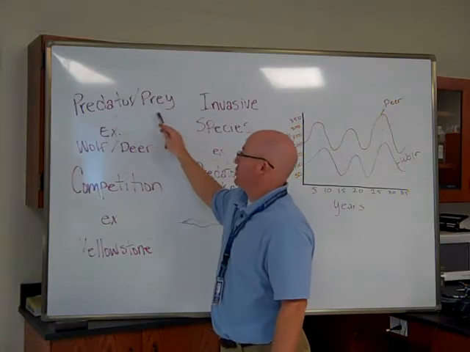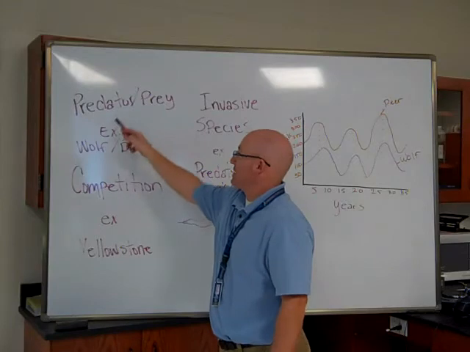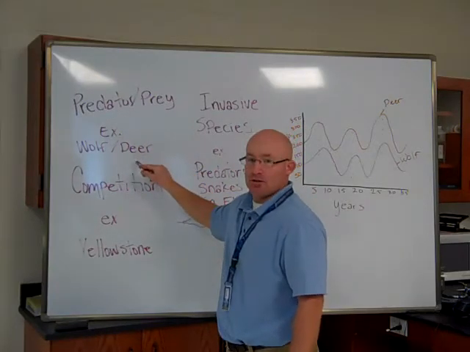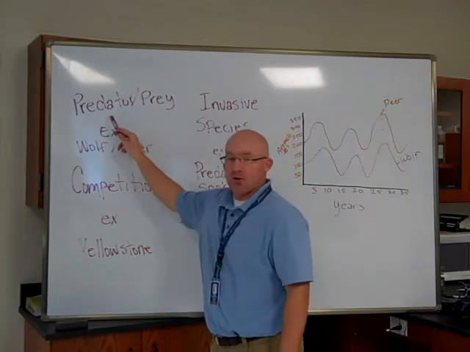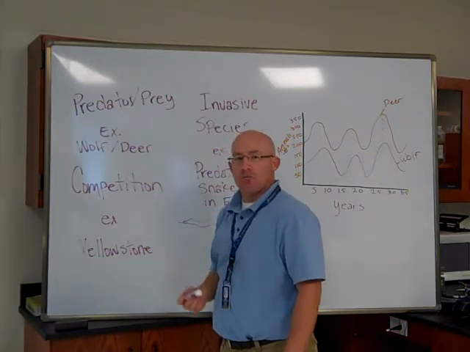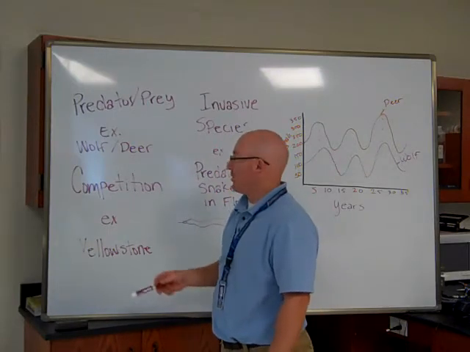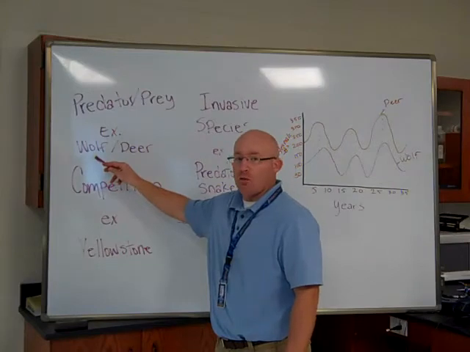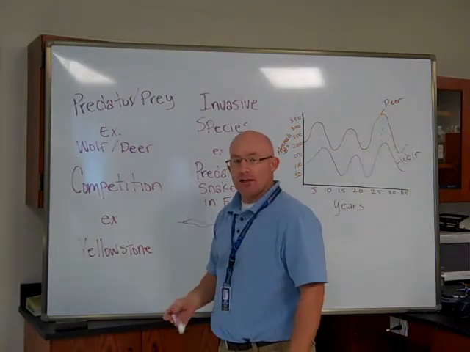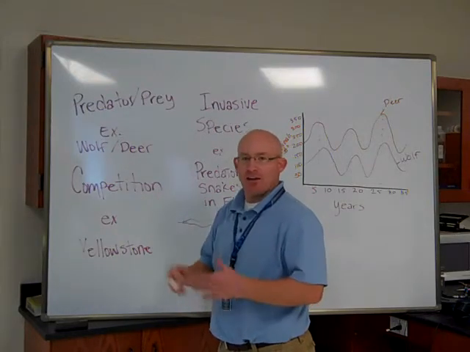Okay, a predator-prey relationship. The example I have down here, and these are kind of backwards, all right? The wolf is the predator, the deer is the prey. So the predator eats the prey. Now, in some situations, you will have a very unique case where you have one predator that always eats the same prey, like the lynx and the hare, or a bigger type cat and a rabbit.